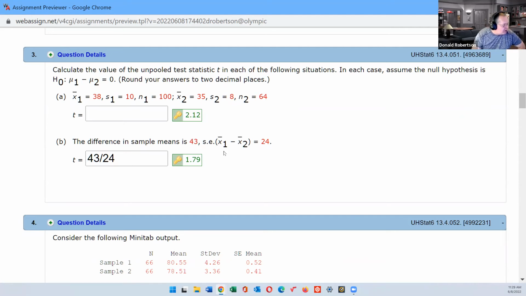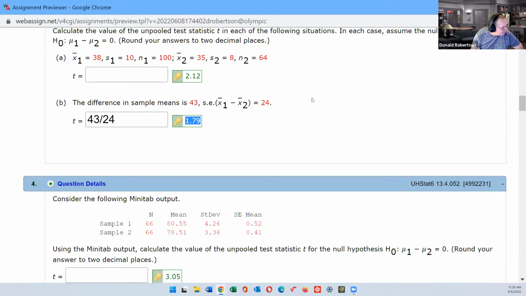And you don't need to calculate the standard error from scratch because they told you it was 24. So isn't that the difference on the top divided by the standard error on the bottom? And that'll end up being 1.78 or 1.79. So a lot easier than you thought, right? They gave you more information than they typically would.